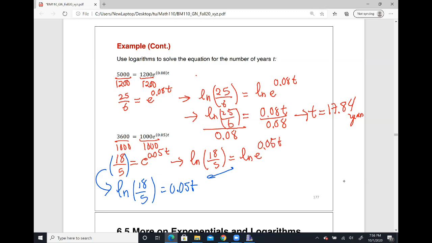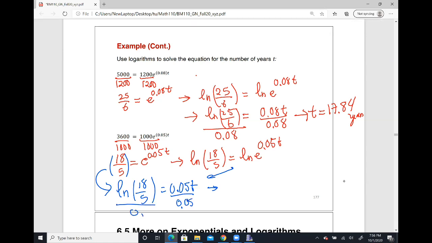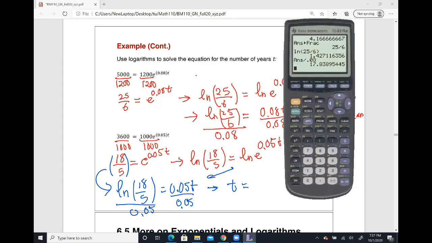So now you will divide both hand sides by 0.05, and the answer is t equal to, using a calculator, ln of 18 divided by 5, close the parentheses, and then divided by 0.05.